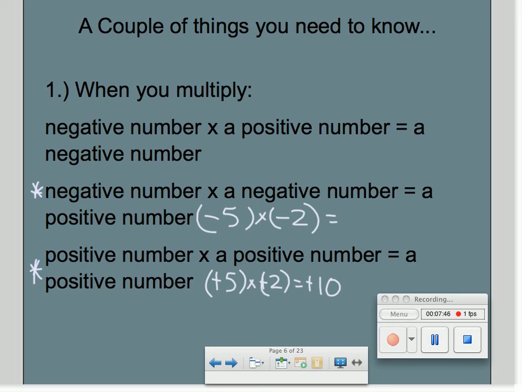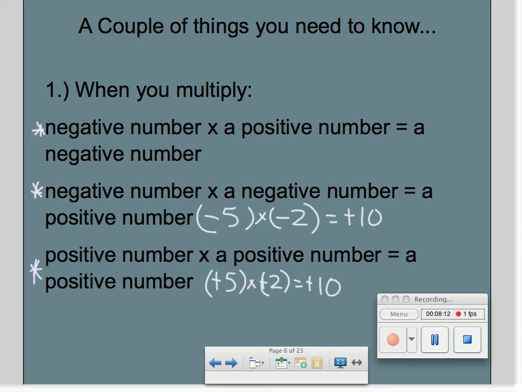I multiply 5 times 2 like I normally would, and then I look at the signs. It's positive 10. Negative 2 times negative 5 gives you positive 10. Negative times a negative gives you a positive, and 5 times 2 gives you 10, just like it always has. That hasn't changed.